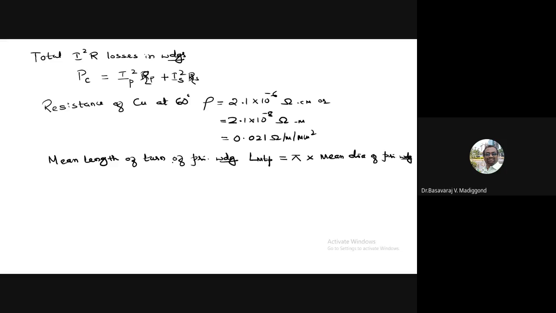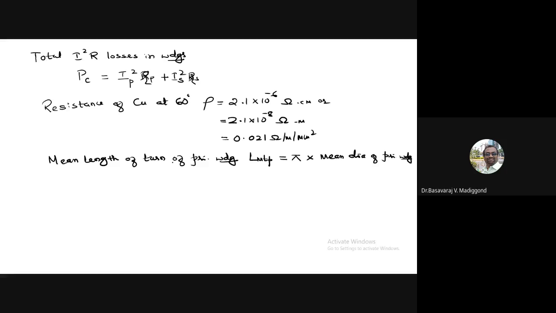Then what is this LMTP? This is the mean length of the primary winding. LMTP is the mean length of the turn of the primary winding, given by pi into mean diameter, pi into d.